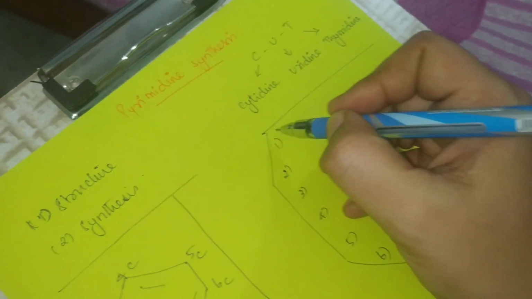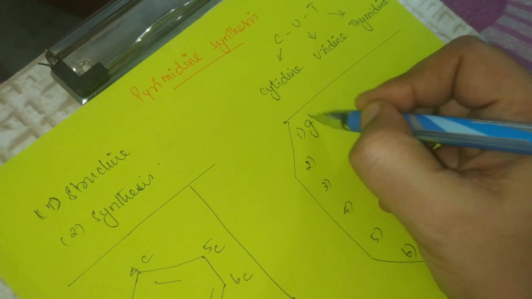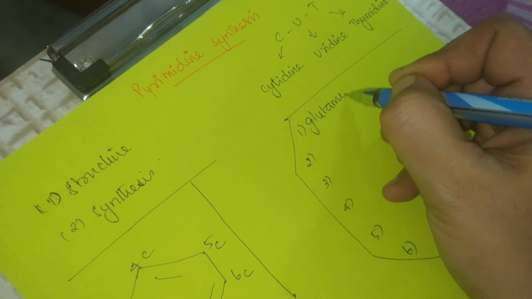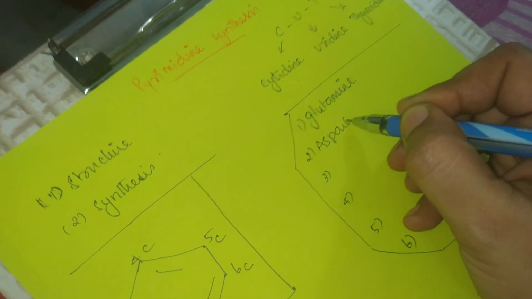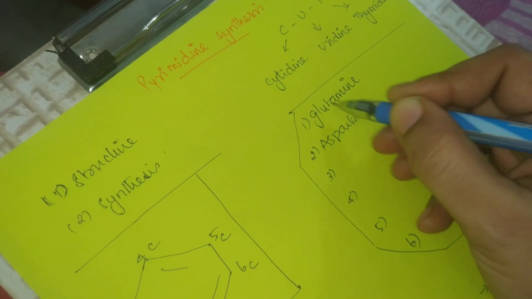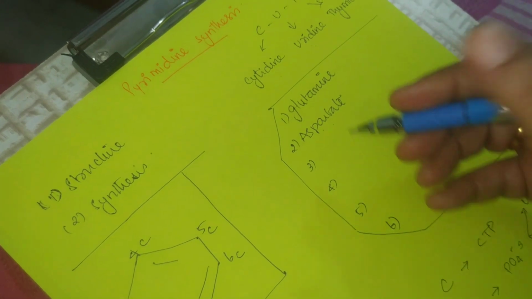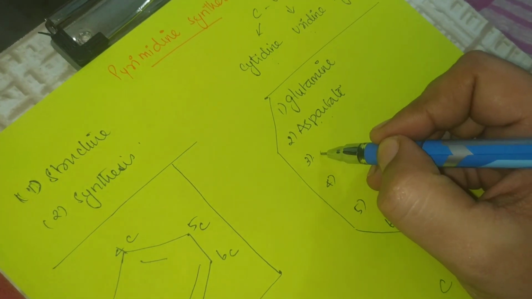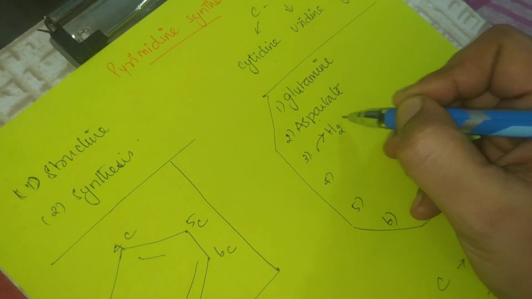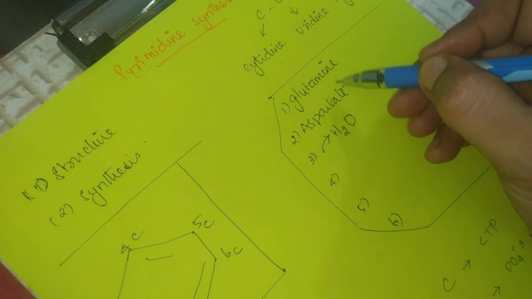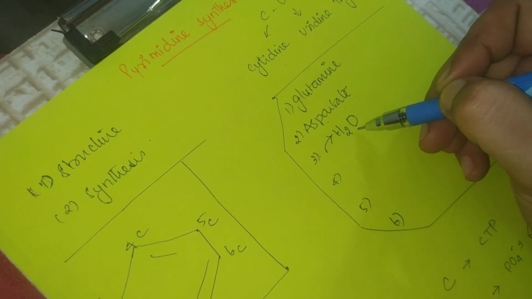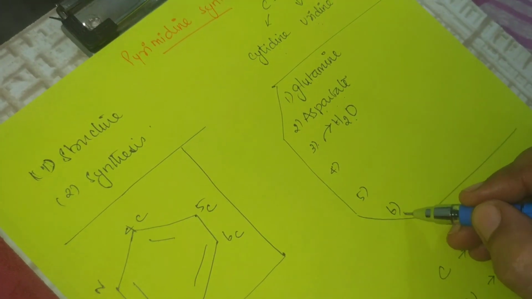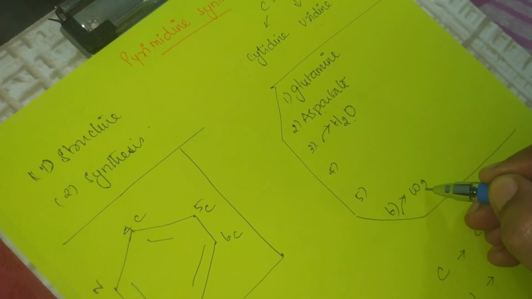In the first step we are going to add glutamine. In the second step we will be adding aspartate. So 2 ingredients are added in the first and second steps. In the third, a water molecule comes out. In the sixth, carbon dioxide comes out.